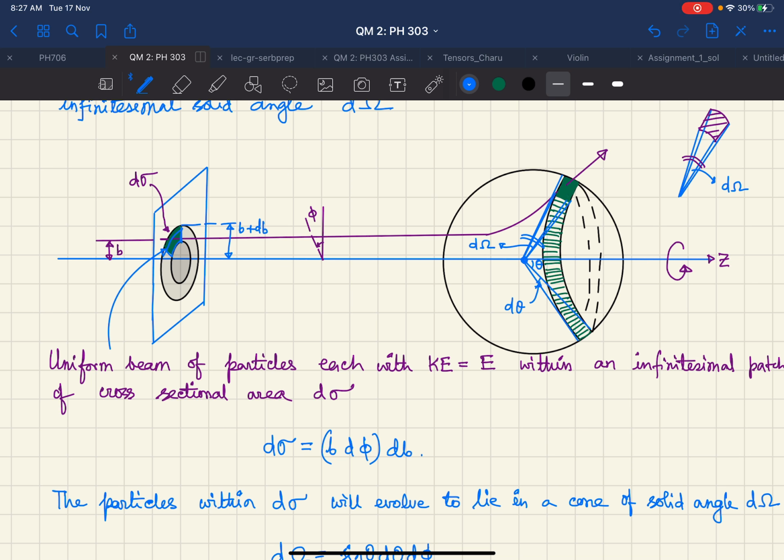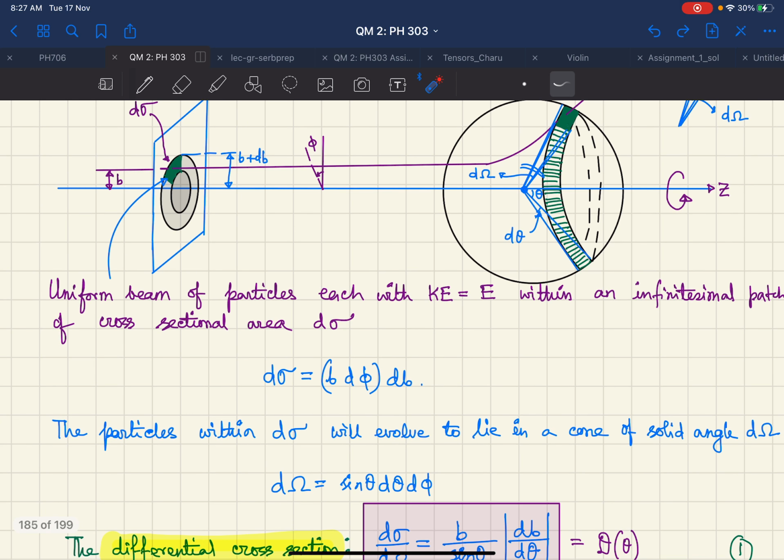So this is b, the lowest distance of approach, and this is db, the maximum that another particle can take if my beam of particles is lying within this circular patch, suppose.